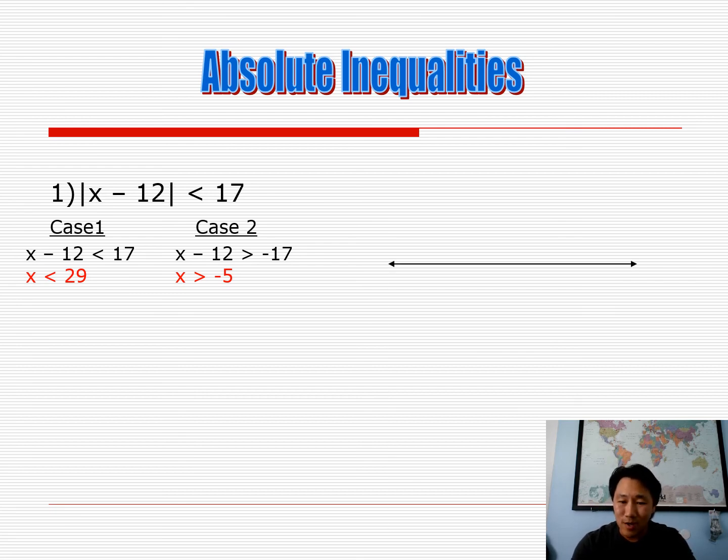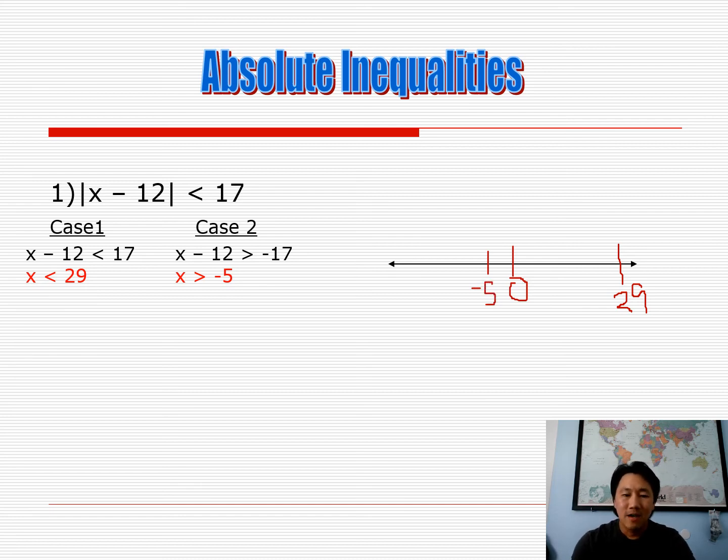We have to put it on a number line. Again, always find 0. x is less than 29. Of course, I'm not going to make you count 29 units down, so put a slash somewhere here and say it is 29. And then the negative 5, put a slash somewhere here and say negative 5.